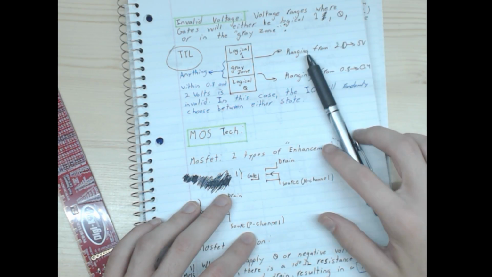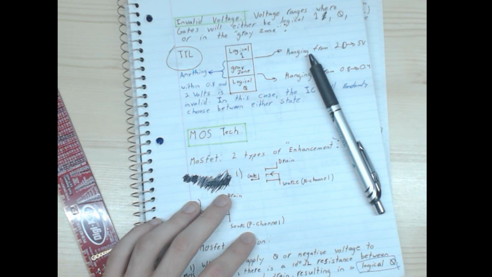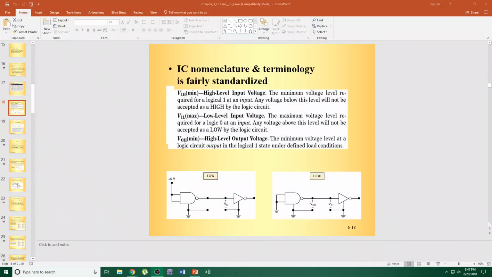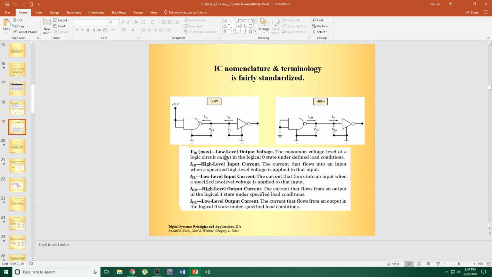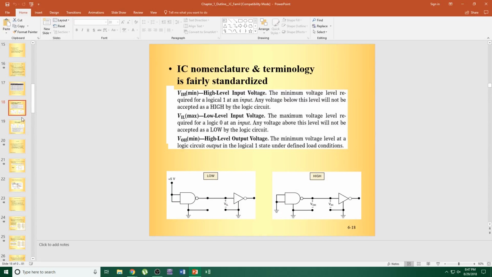And for low output voltage, what did we talk about? Low level input voltage, right?